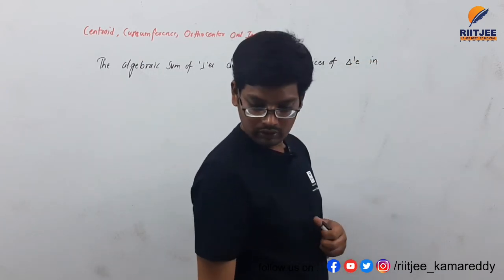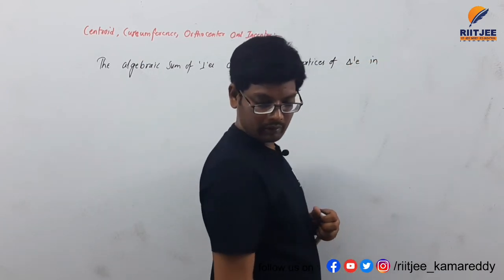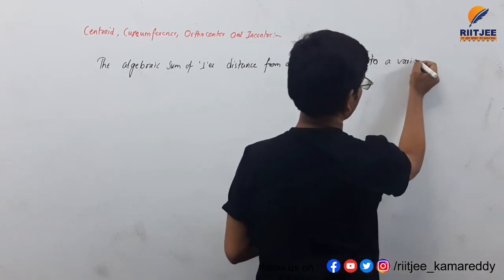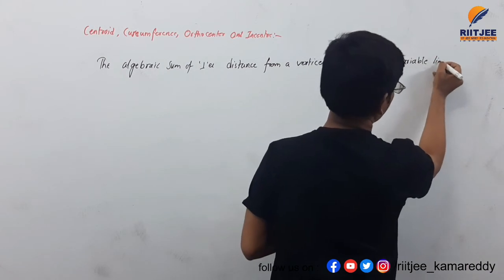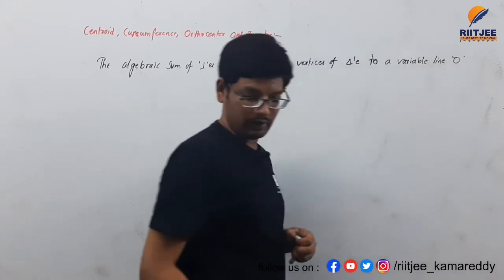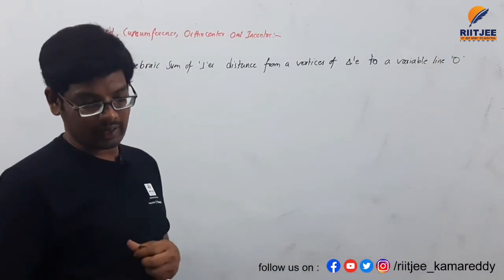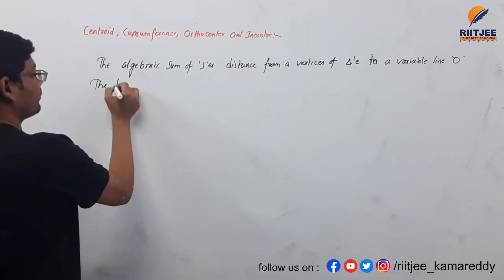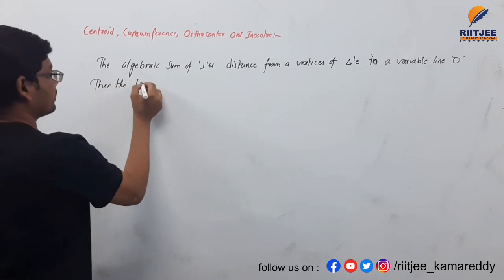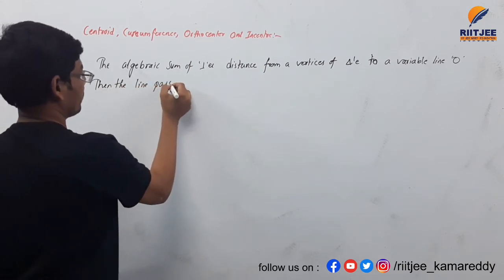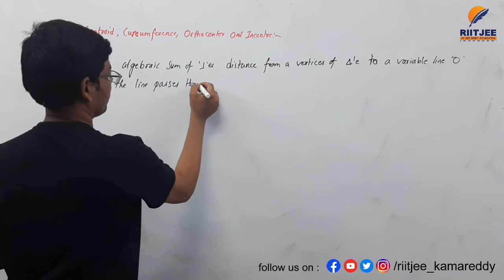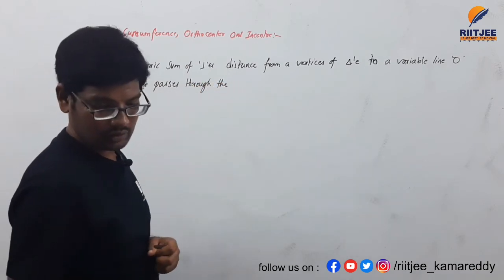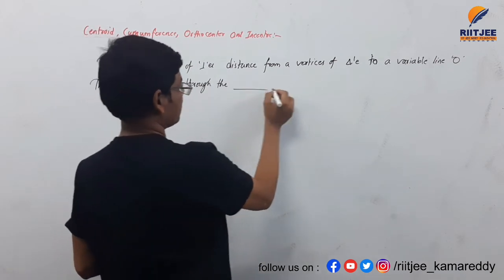to a variable line, then the line passes through the dash of the triangle.